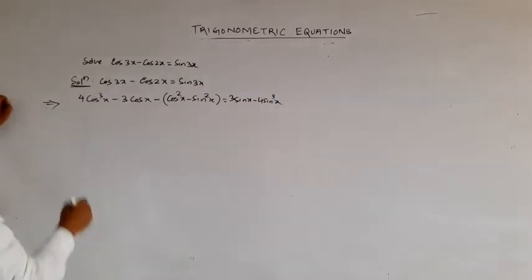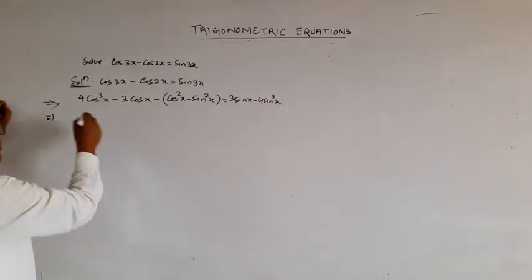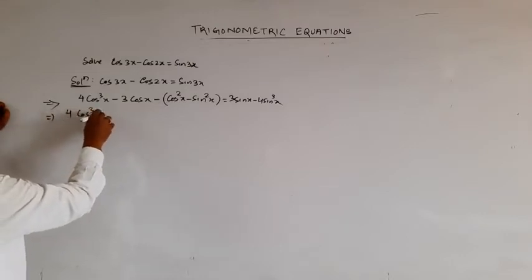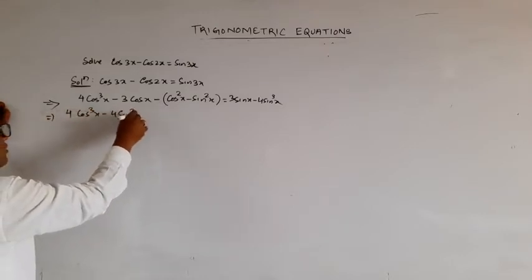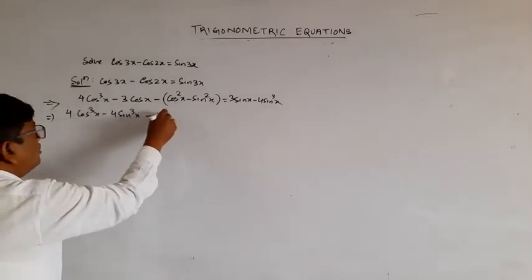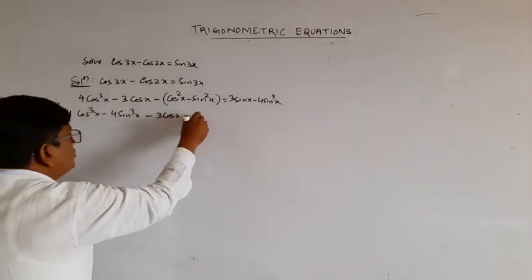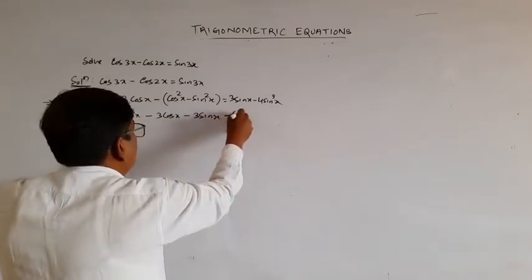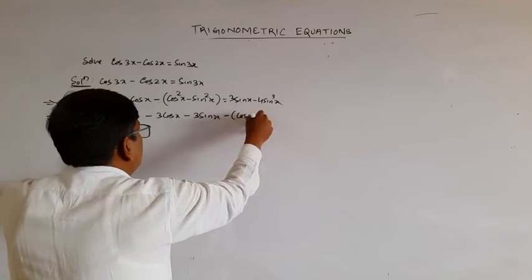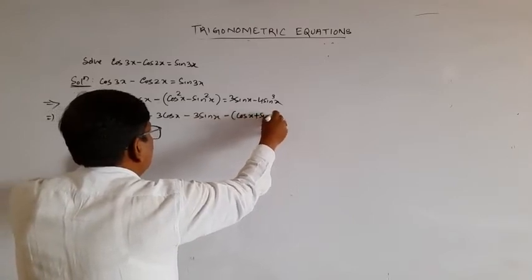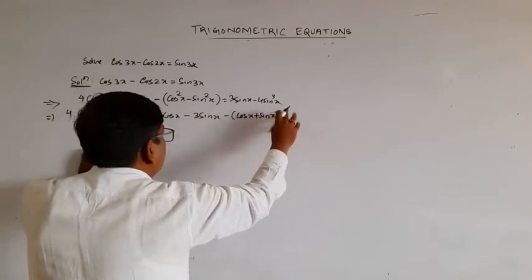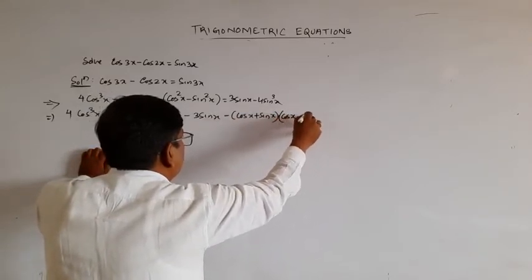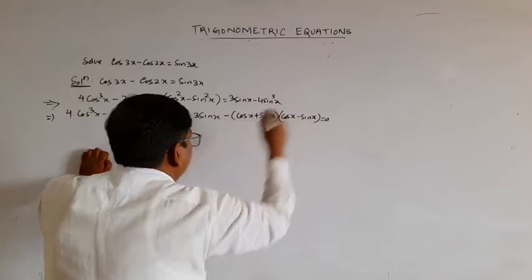Now write 4 cos cube x minus 4 sin cube x minus 3 cos x minus 3 sin x, and this is minus of cos x plus sin x into cos x minus sin x is equal to 0.